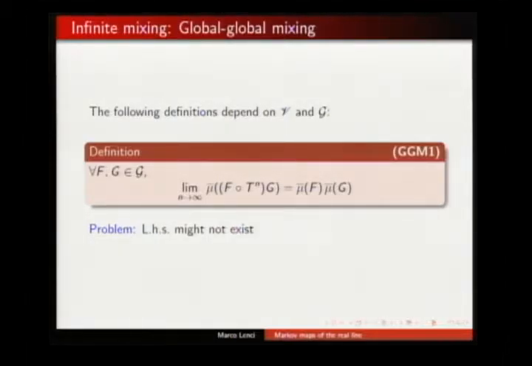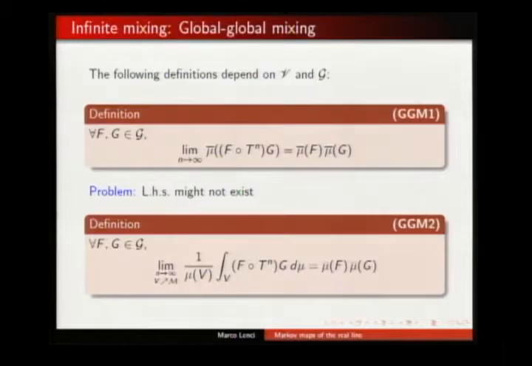Or you can improve your mathematical situation by looking at another definition. By the way, I call this GGM1. G stands for global mixing. And then this global mixing two, you have a somewhat stronger definition. So this has no mathematical problem, no well-posedness problem, let's say. It has mathematical problems, meaning you have to prove it in many cases.